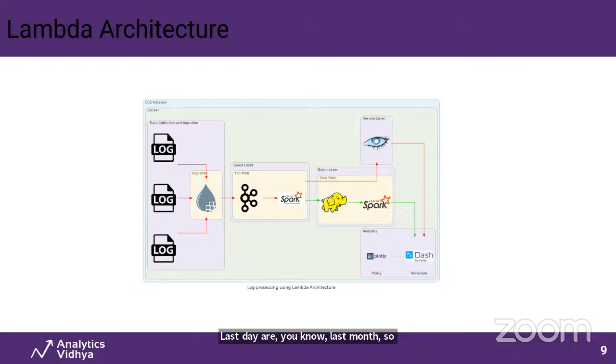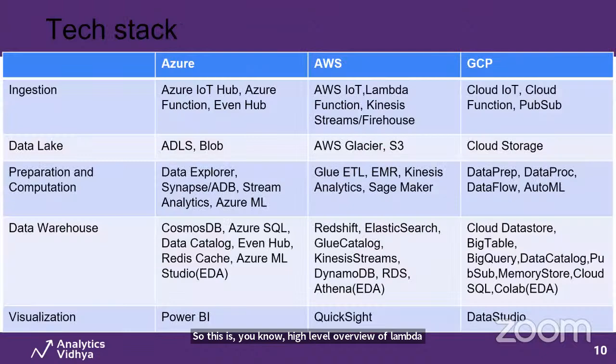That query, that visualization, we do with batch processing. So here we are combining these two jobs, batch processing and also the real-time processing. So this is a high level overview of Lambda architecture, and then I'll move forward.